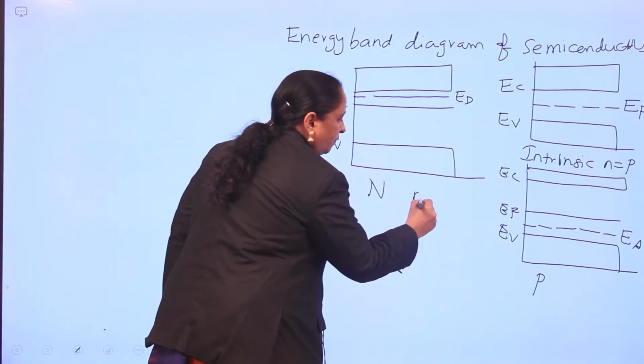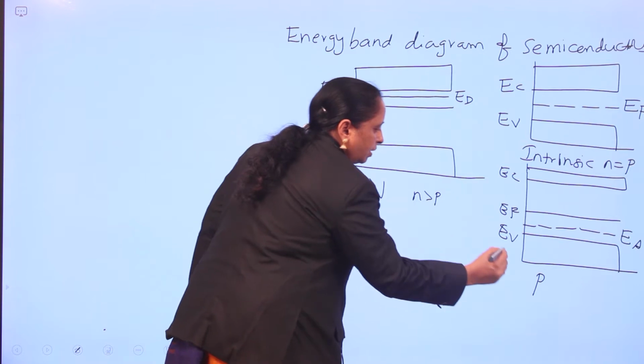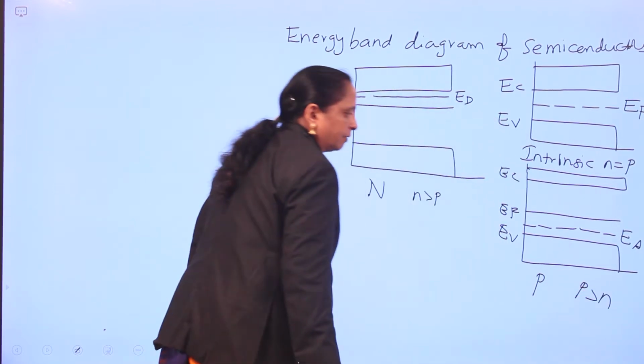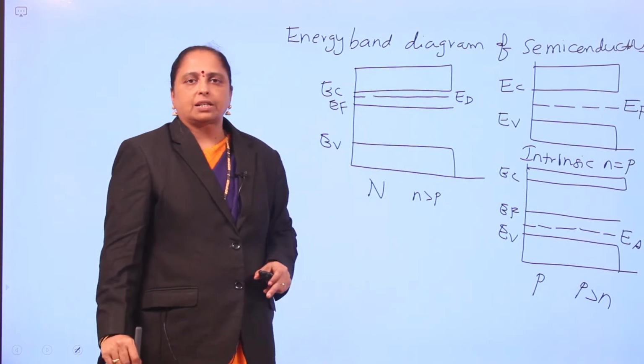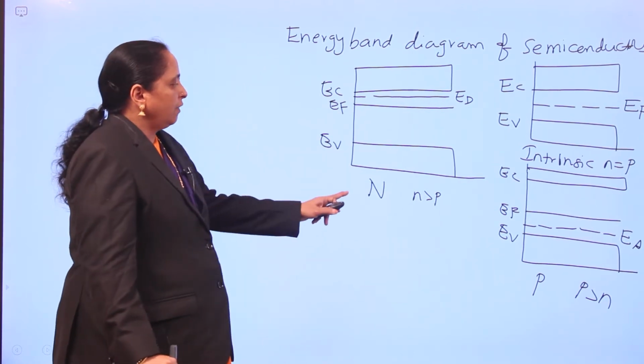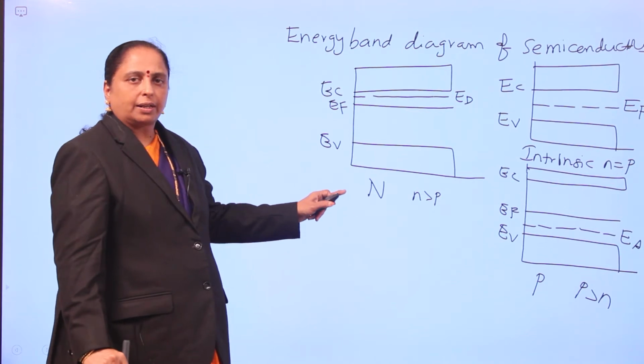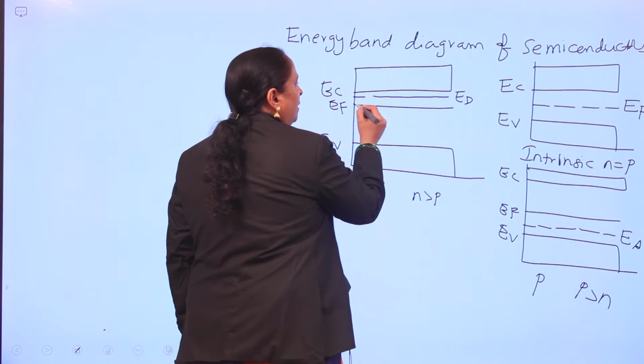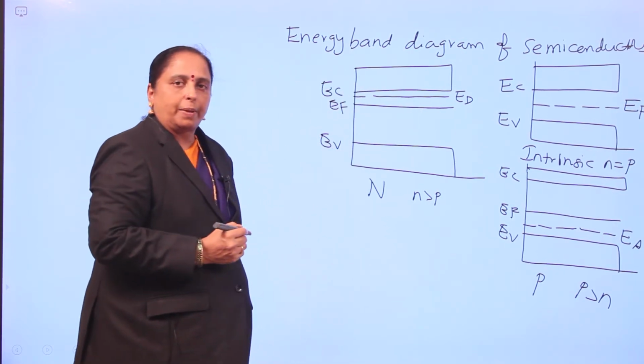Here the number of electrons is greater than holes. In the P-type, the number of positive charges is greater than electrons. Here n is equal to p in the intrinsic semiconductor. Therefore, in an N-type semiconductor there are more conduction electrons, and the Fermi level is below the conduction band.